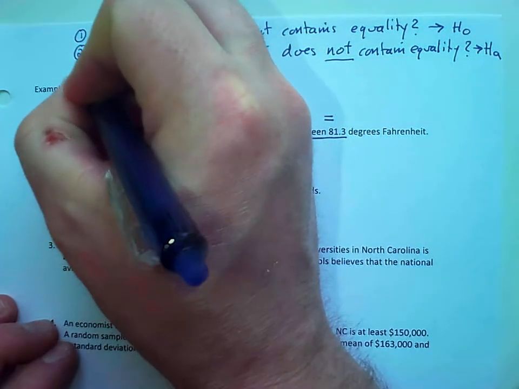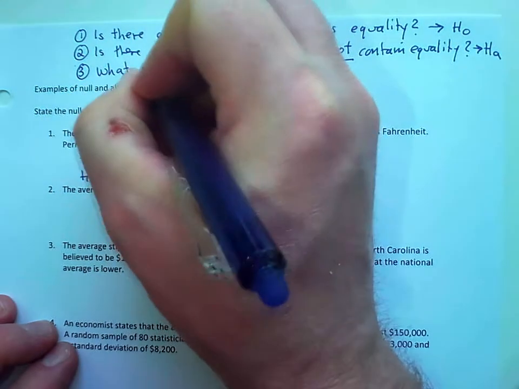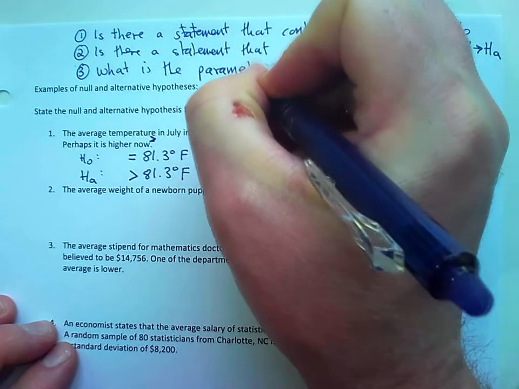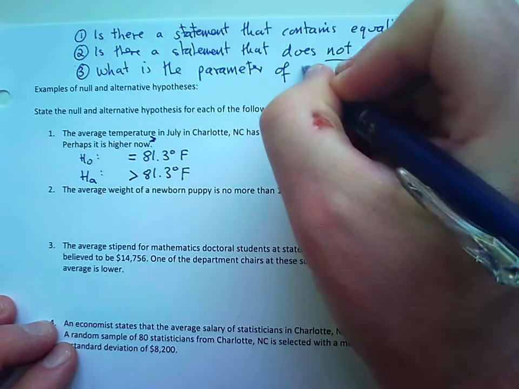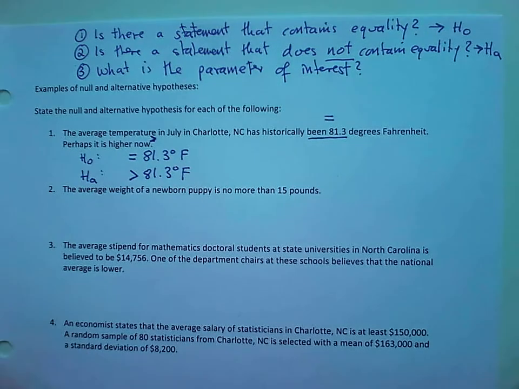The third question that we're going to ask ourselves is: what is the parameter of interest? What's the parameter that we're interested in?